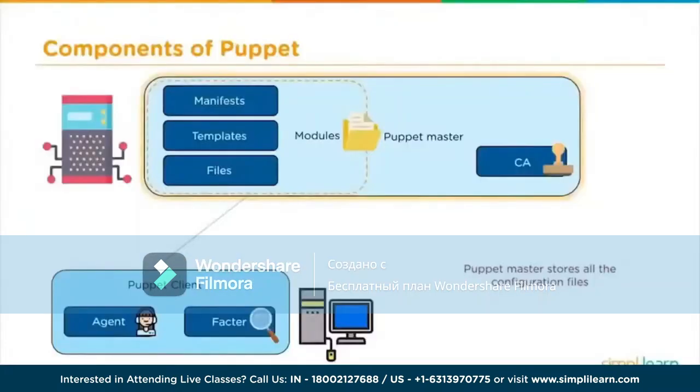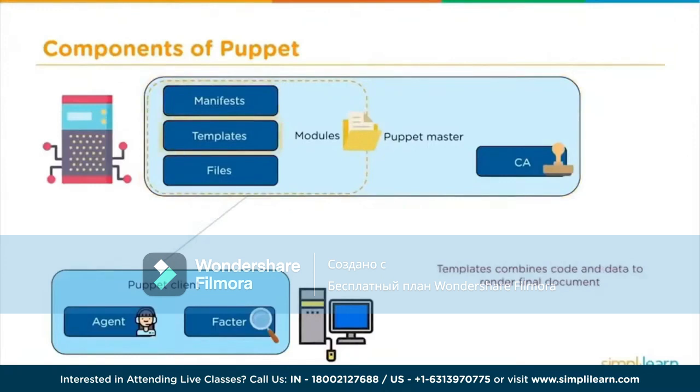Here we have a breakdown of the Puppet environment. On the top, we have the main server environment, and below that, we have the client environment that would be installed on each of the servers running within your network. If we look at the top part of the screen, we have our Puppet master store, which contains our main configuration files. Those are comprised of manifests, which are actual code for configuring the clients.